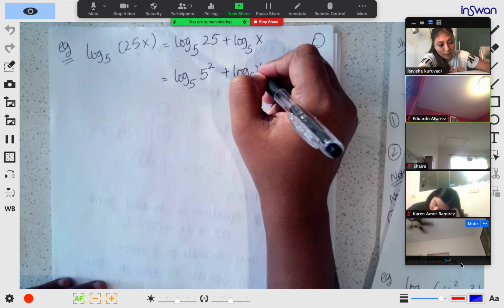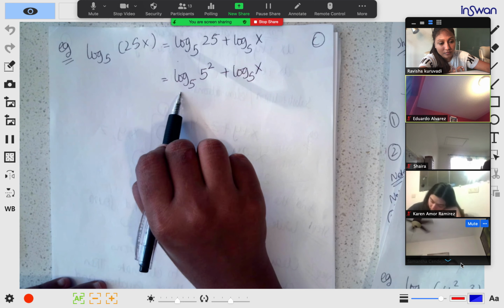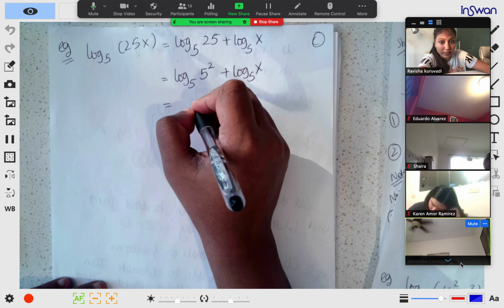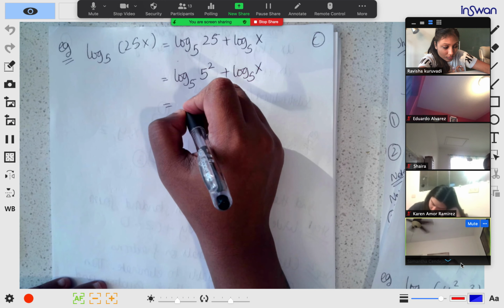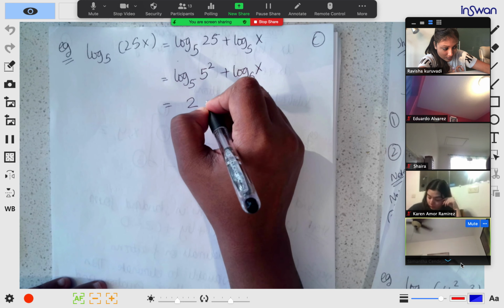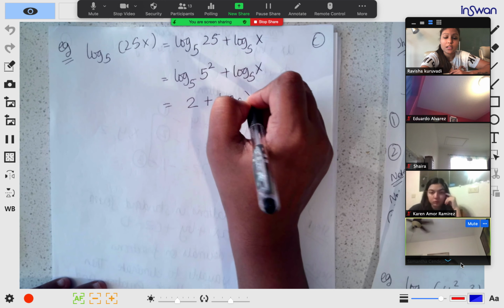What is the value of this thing? So it would be 2 log 5 of 5, plus log 5 of x. Are you getting it?